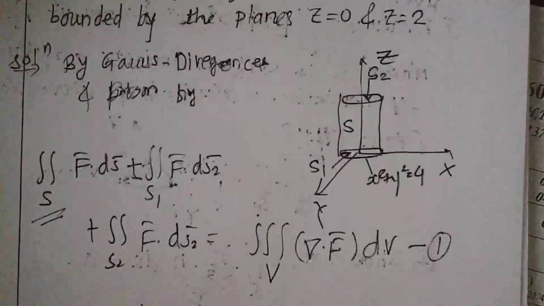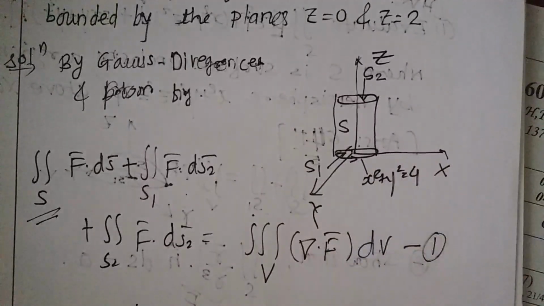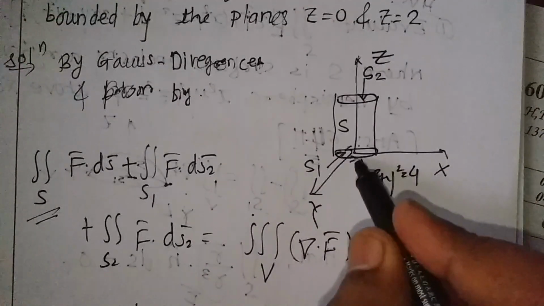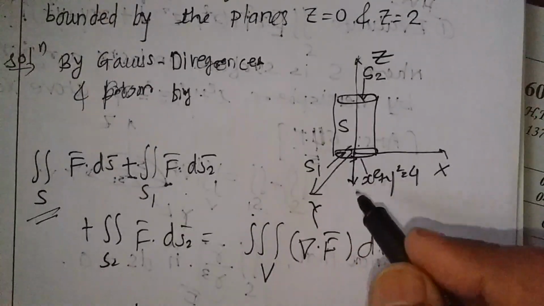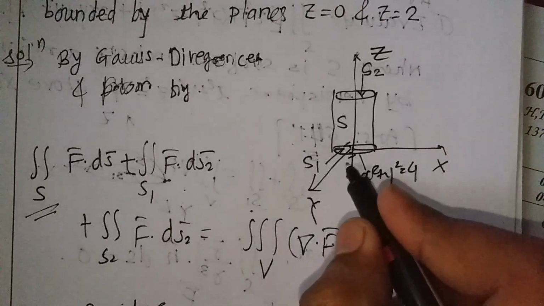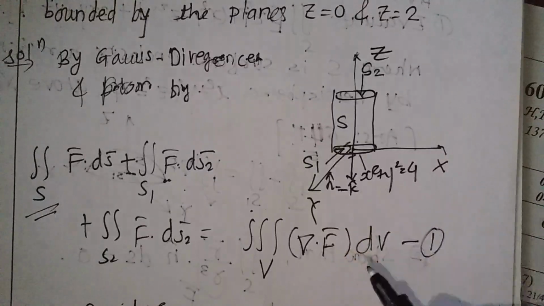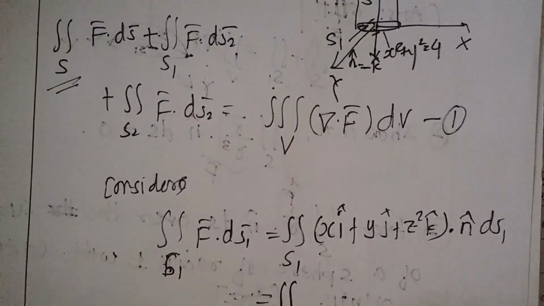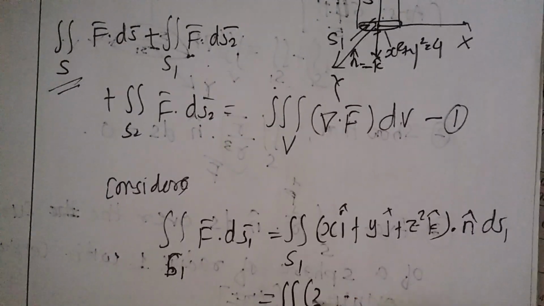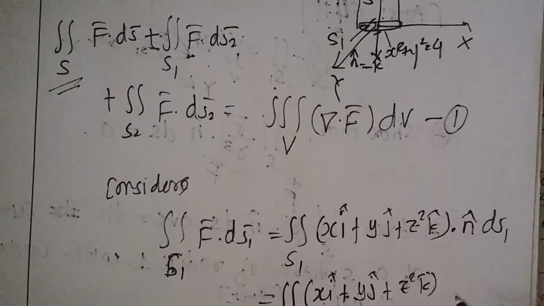If you see the surface S1 and if you consider the anti-clockwise direction of that circle, you will find that n cap, the normal vector to this surface S1, is in the direction of negative z axis. So we'll get the value of n cap as minus k cap. Negative z axis is represented by the vector minus k cap. Hence the dot product of f bar, x i plus y j plus z square k cap, with minus k cap and dS1.